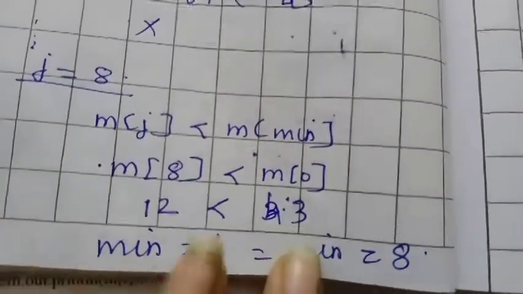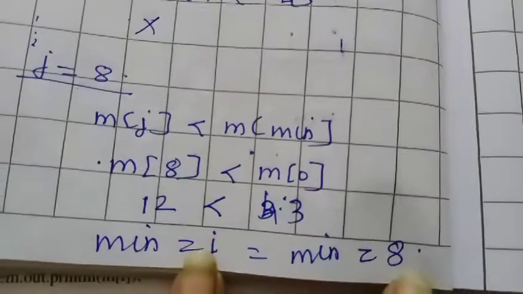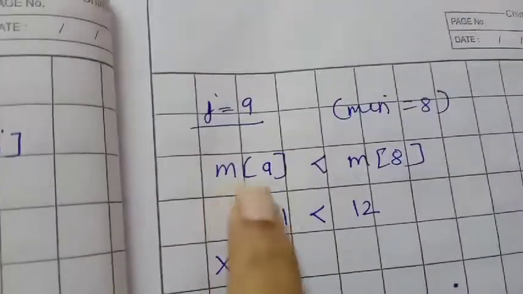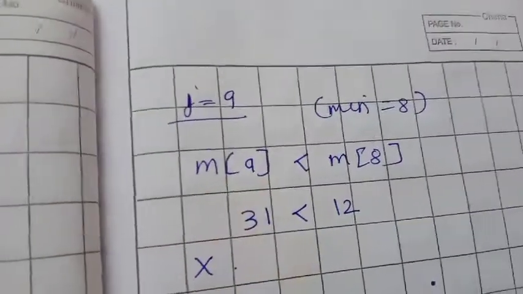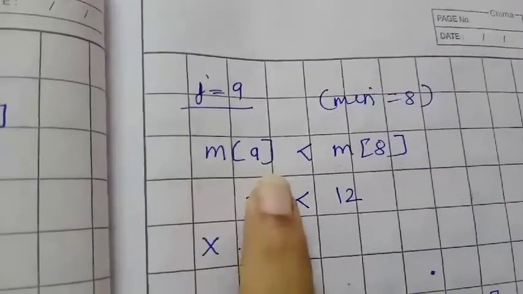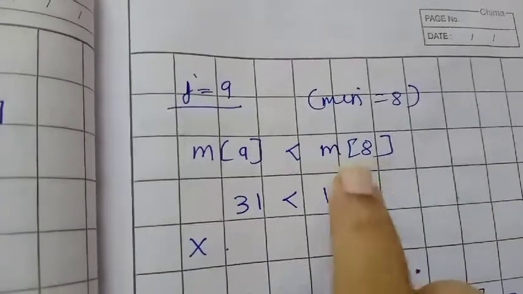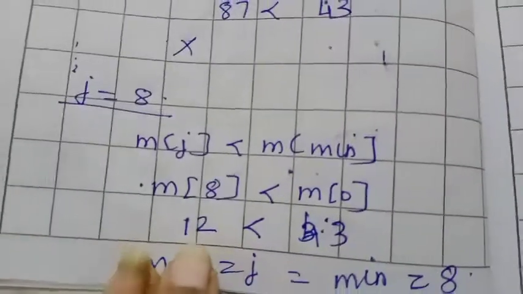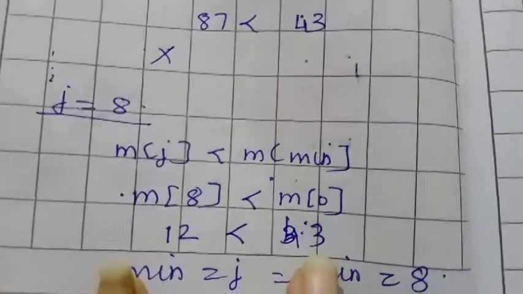That is, minimum will be 8 now. Now for the next iteration of j, m of 9 will be coming, and we are going to check it with m of min, because now minimum is equal to 8, because 12 is less than 43.